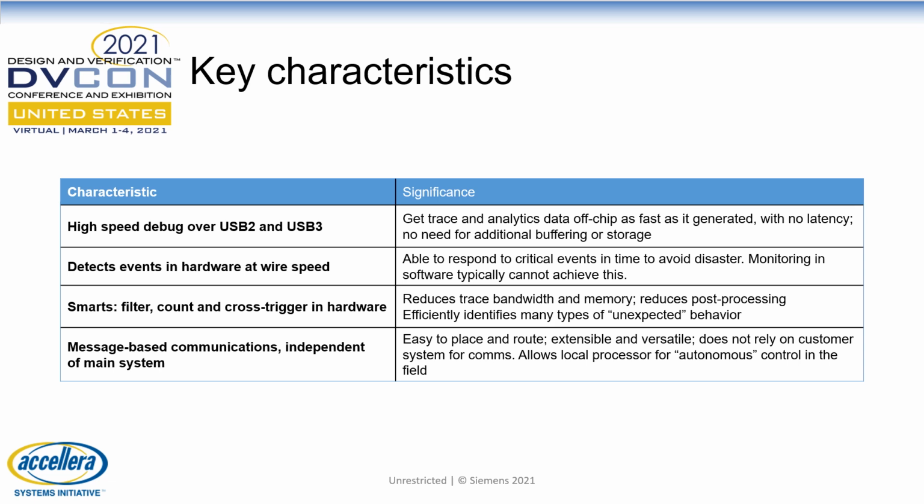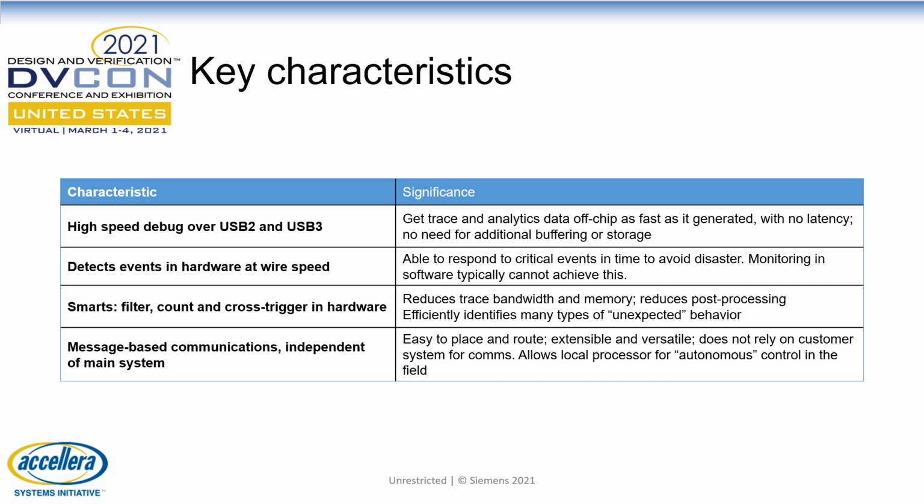We provide high-speed debug over USB 2 and USB 3. The hardware is able to detect events at wire speed without having to stop the operation of the system to report them. We reduce trace bandwidth by having smart IP where it can filter, count, and perform the cross-triggering all in hardware without requiring expensive processor cycles to perform that.